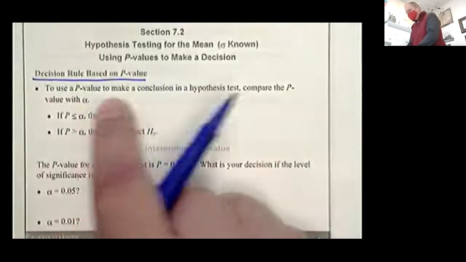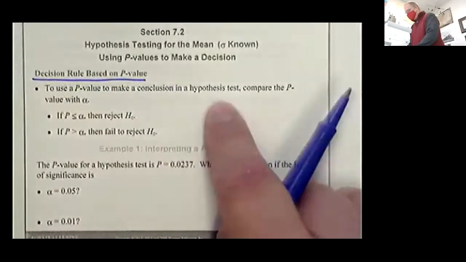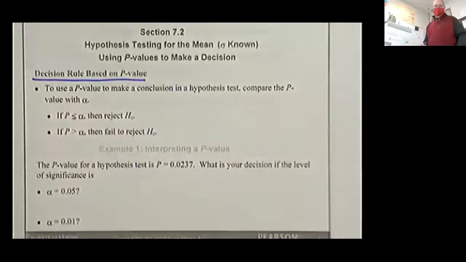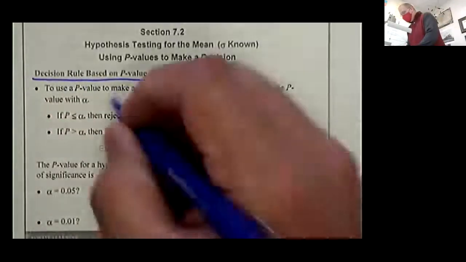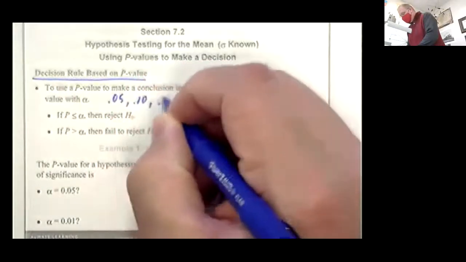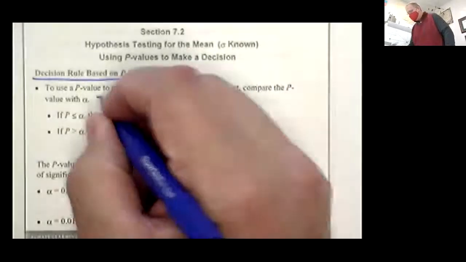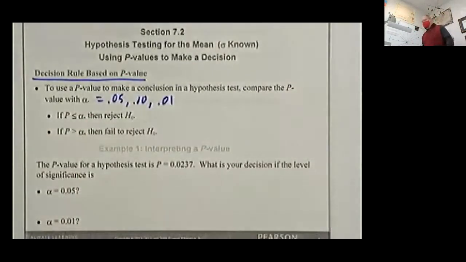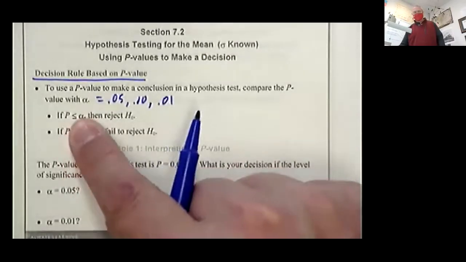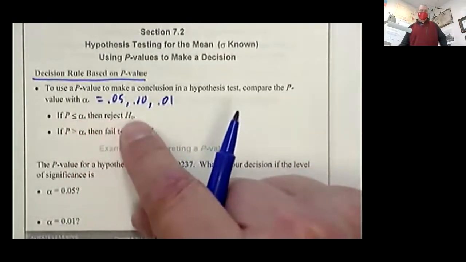To use a p-value to make a conclusion in a hypothesis test, we're going to compare the p-value with our alpha. The alpha will be given to us in the problem. It could be 0.05, 0.10, 0.01, whatever that alpha is. Here's how we're going to run the test. If our p is less than or equal to alpha, we are rejecting the null hypothesis.